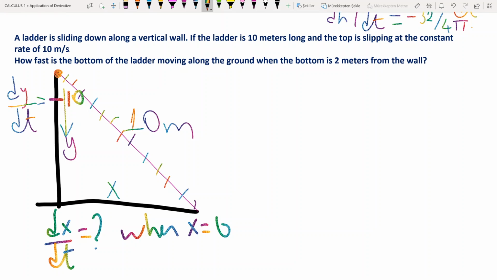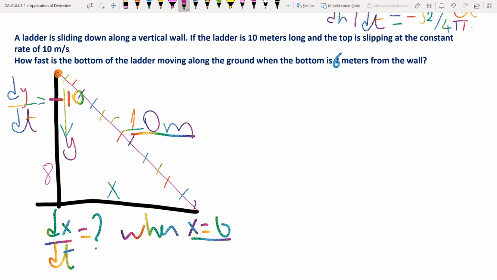How fast is the bottom of the ladder moving along the ground when the bottom is 6 meters? This is 6. So when x is 6 and the length of the ladder is 10, y becomes 8.